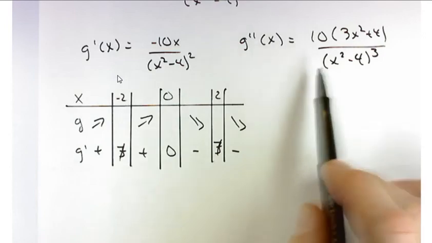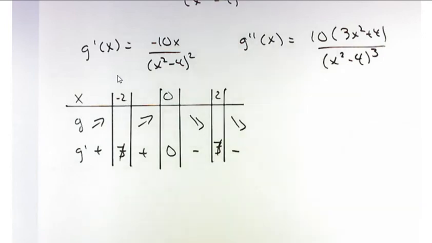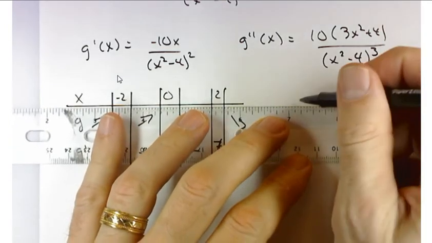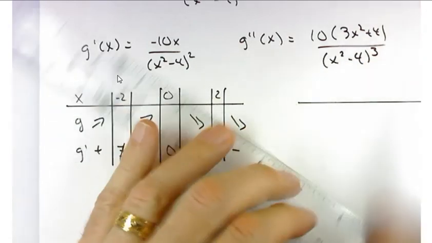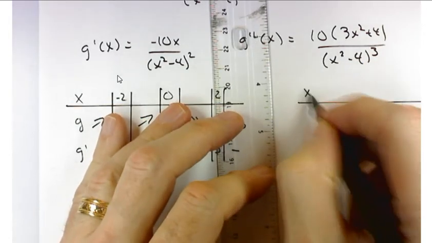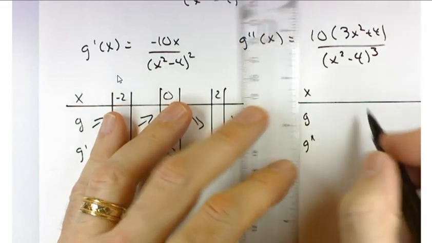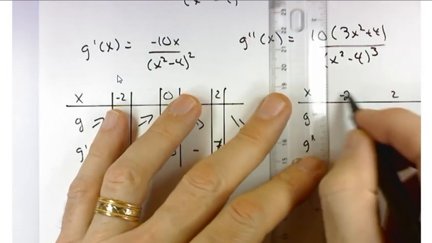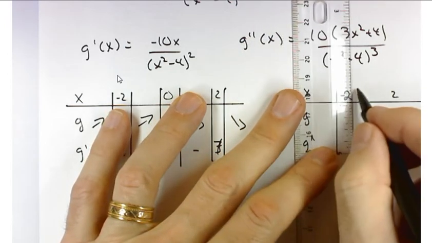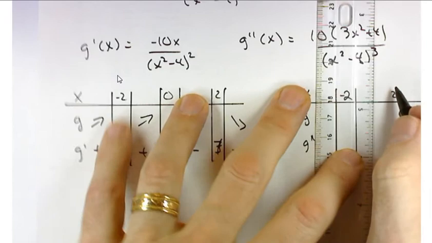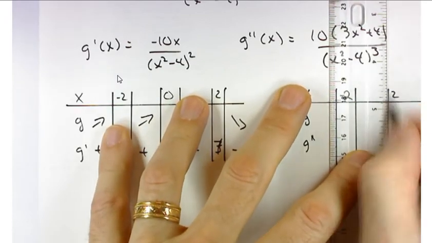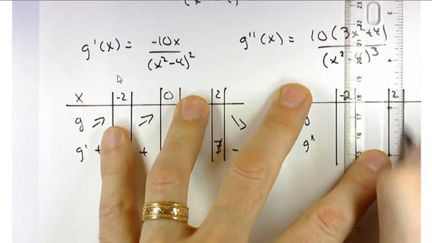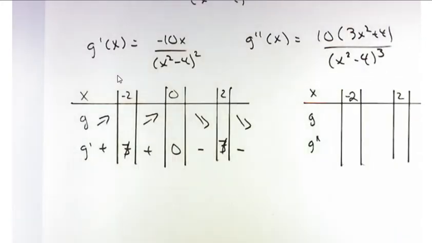How about the second derivative here? This can only change signs where the denominator changes signs. So x, g, and g double prime. So really you can only change signs at negative 2 and 2. This one I think I will test in my calculator.